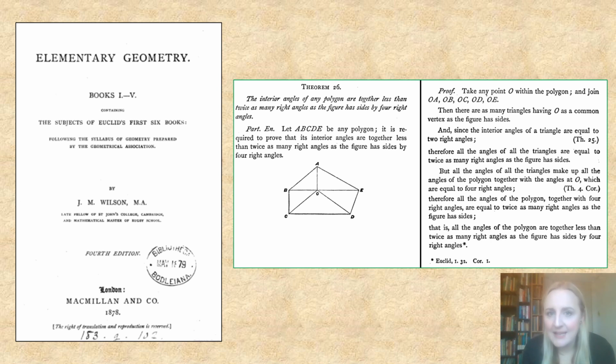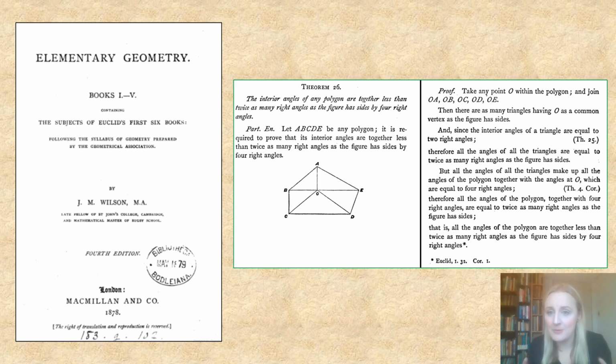The interior angles of any polygon are together less than twice as many right angles as the figure has sides by 4 right angles. Less than twice as many right angles, so 180 less, than the figure has sides by 4 right angles. I don't even know what that means. I think I do know what that means, but I'd really have to think about that.